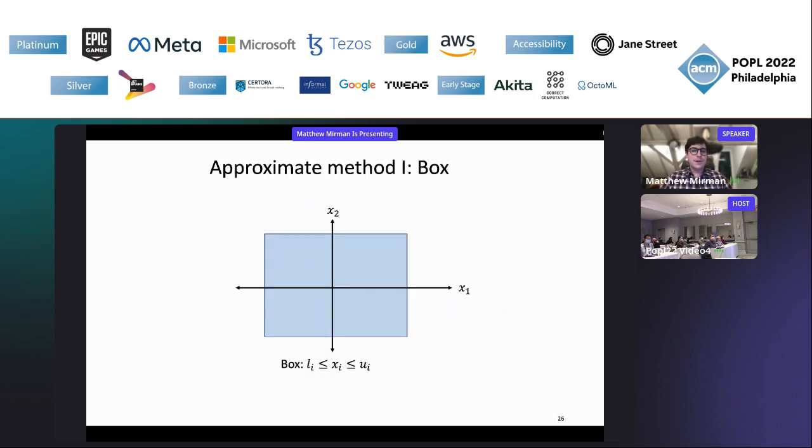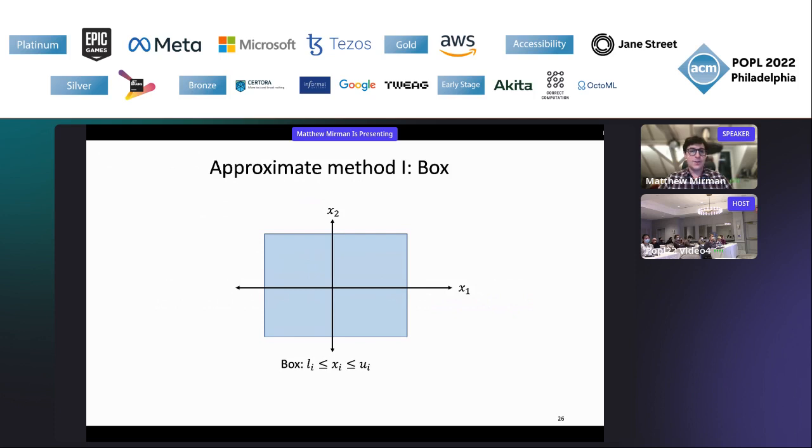So the domain that we're specifically going to use and examine for the rest of part 1 is the box domain. This is essentially a set of intervals. It's represented by a lower bound and upper bound for each variable in the program that is being analyzed. Typically, you start out with -infinity and infinity for everything but the input variables of the program.